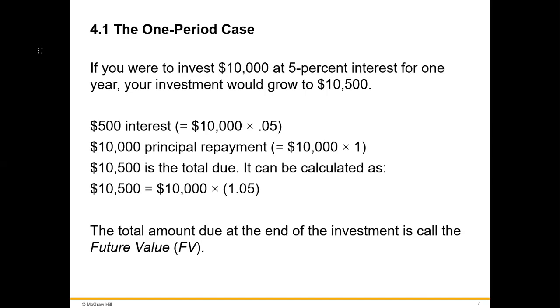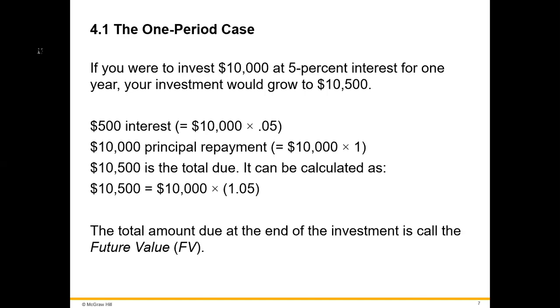So 1.05. So at the end of 1 year, your future value equals present value times 1 plus the interest rate, or 105% of 10,000.